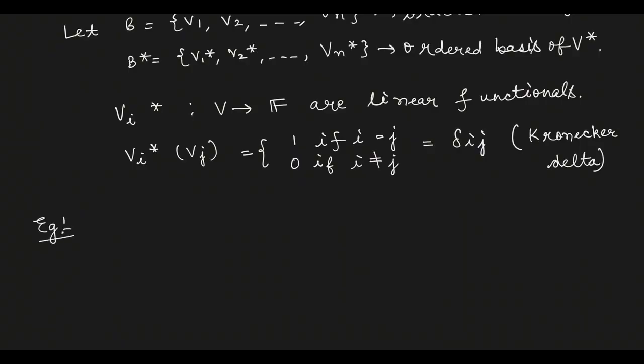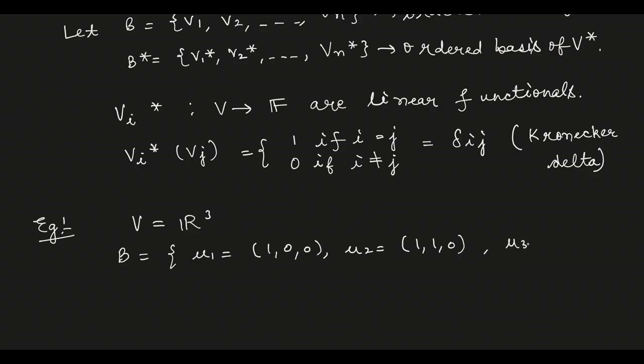For example, V is equal to R cube. B is u1 equal to 100, u2 is 110, u3 is 111.